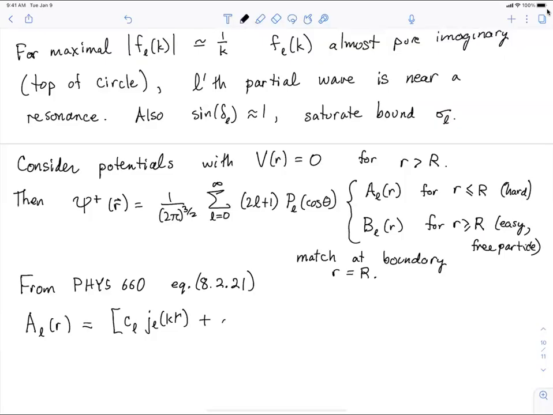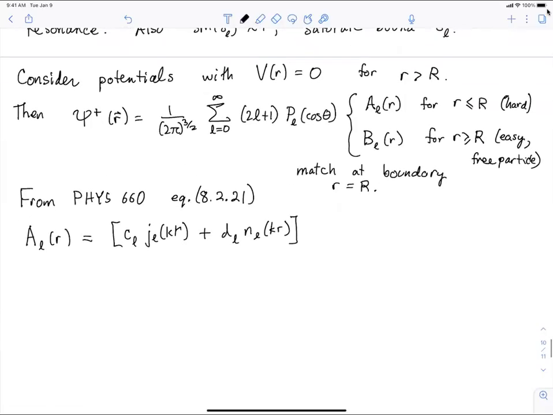And then there's another constant, and that's going to be multiplying a spherical Neumann function, which are scary sounding functions, but really they're just sines and cosines divided by powers of the radius. Okay, so that's the form. And by the way, k is the square root of 2mE over h bar. And these CL and DL are unknown coefficients.